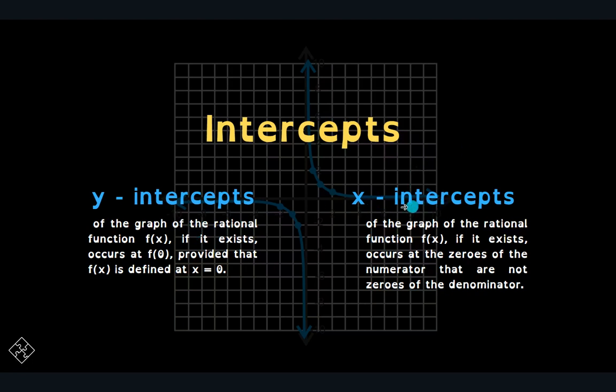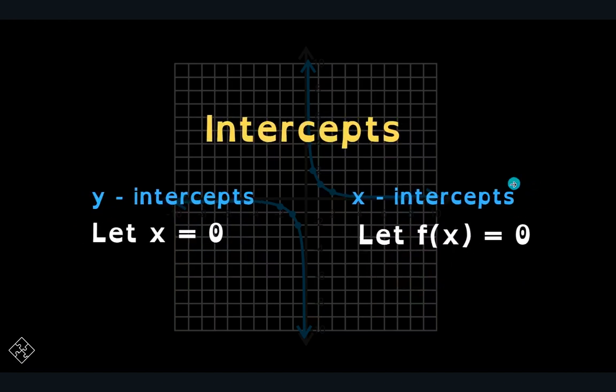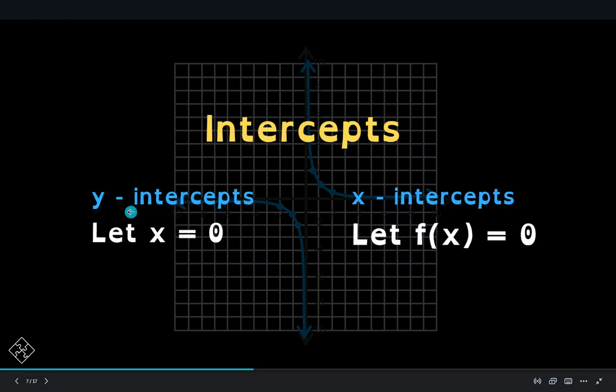Another one is x-intercept. X-intercept of the graph of the rational function f of x, if it exists, occurs at the zeros of the numerator that are not zeros of the denominator. So basically speaking, may ginawa ko dito para mas madali natin mahanap yung y-intercepts and x-intercepts. So paano natin gagawin yan? Ito yung other form ng definition.